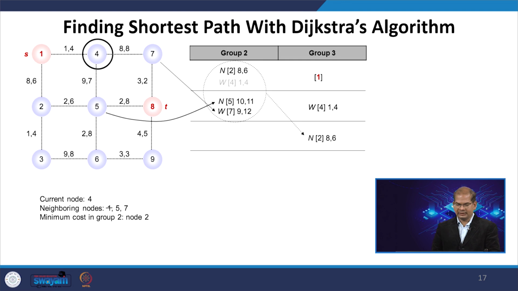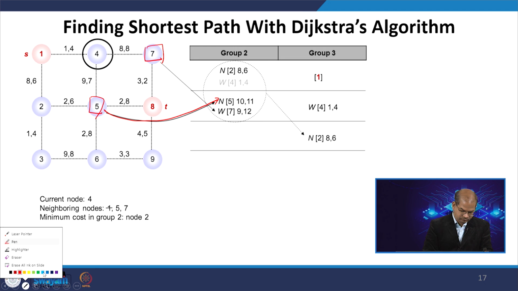Then we will see that the neighbors of node 4 are 7 and 5. So, 5 will go to this one, and 7 will go to this one. Now, if you can see here, the weight of node 5 is basically 10, 11.